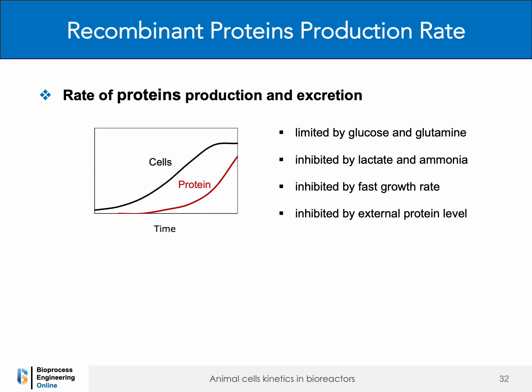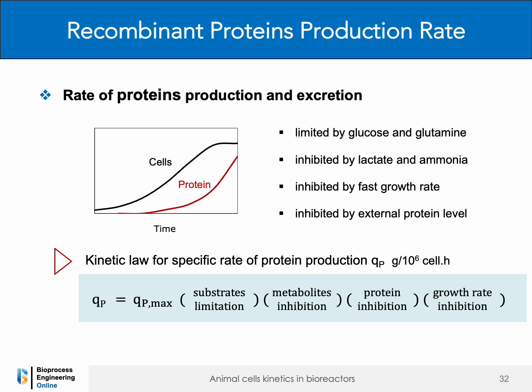The specific protein production rate depends on several factors. It is influenced by the availability of substrates such as glucose and glutamine. It is reduced by the accumulation of inhibitory metabolites, particularly lactate and ammonia. It also depends on the cellular growth rate itself. Finally, high concentrations of the secreted recombinant protein may reduce further protein production through product inhibition.